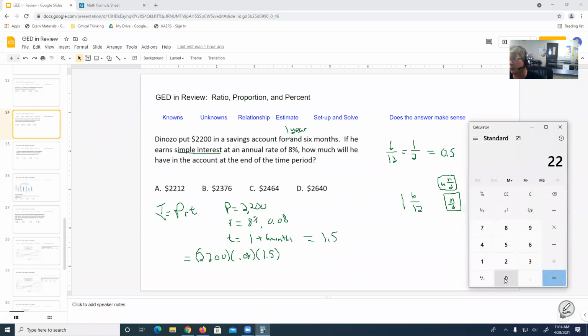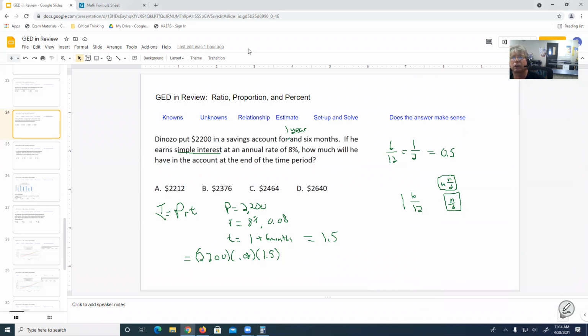So 2,200, that looks good, times 0.08 times 1.5. So that's going to be $264. So that's going to be the interest earned on the money is 264.